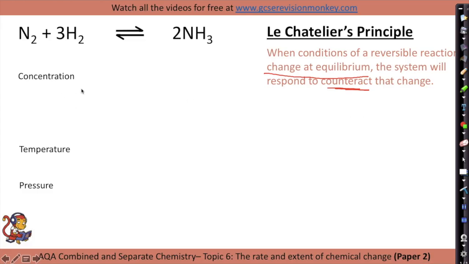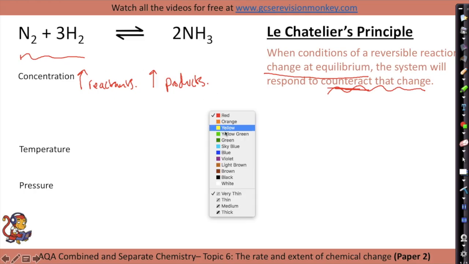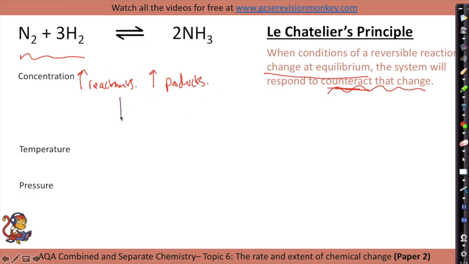If, for example, the concentration of these reactants increased, then more products would be made. So the concentration of reactants increasing leads to an increase in the concentration of products. And what this is essentially doing is counteracting that initial change, because it means that in the long run there are going to be fewer reactants again.